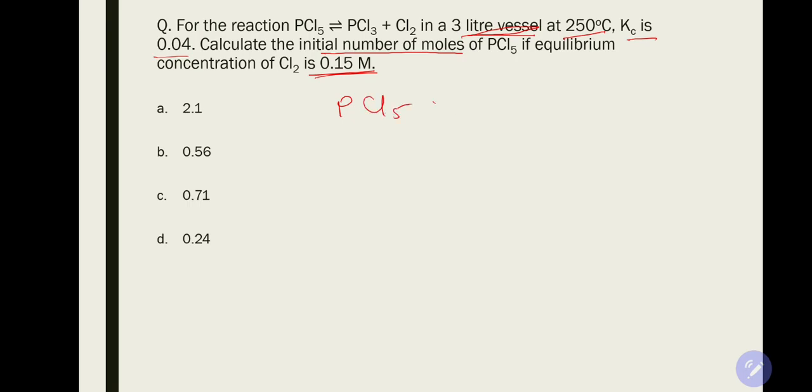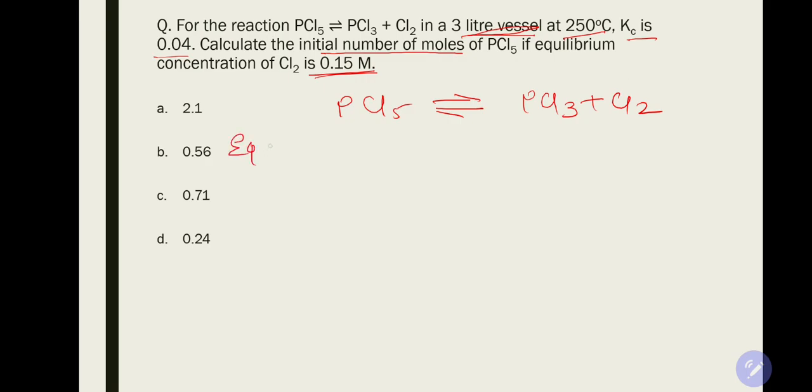First of all, write the equation, the initial moles and the moles at equilibrium. PCl5 gives PCl3 plus Cl2. Now basically you have to calculate the initial mole from the equilibrium values.